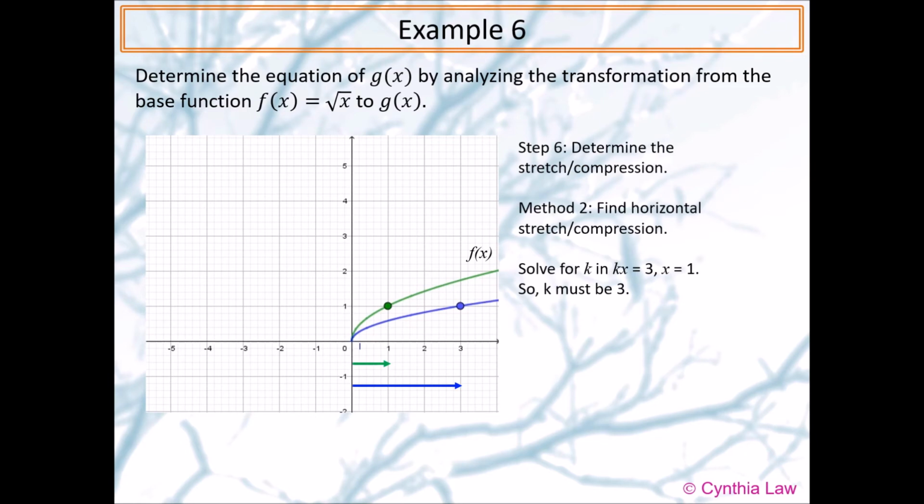And then from the y-axis to the point on the intermediate curve, there are 3 units horizontally. So this is a factor of 3 comparing the 2 arrows.